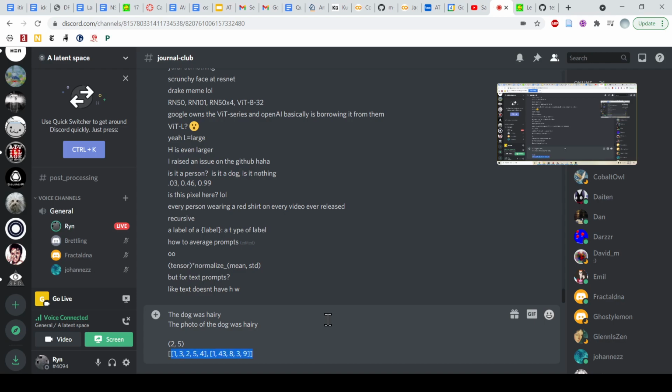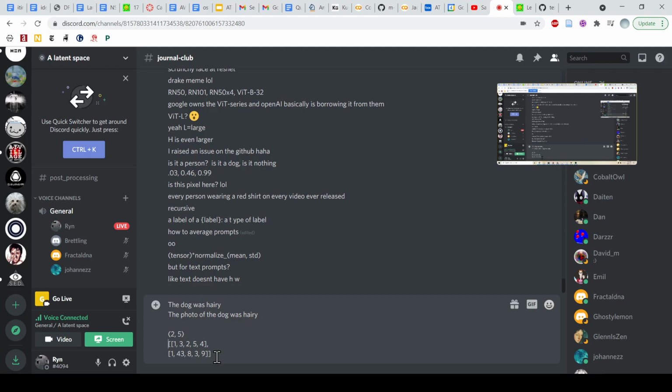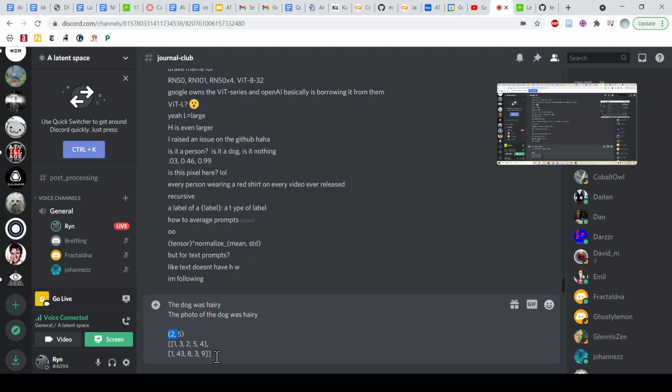So you end up with something that looks like this when you actually look at the tensor, where it's 2 vectors, and vector just means list of numbers, at least when I'm talking about it. 2 vectors, and they are in a matrix, which is just like 2 dimensional tensors. There's a ton of language here that is not very accessible, but a tensor just means anything that you can represent as a shape with dimensions in it, you know?